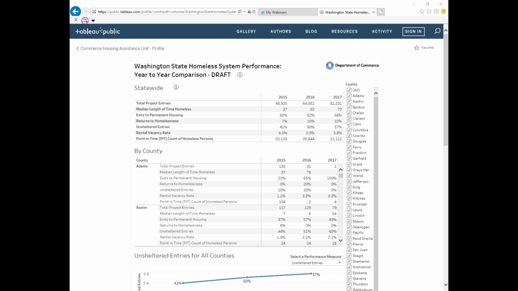You can choose the file, the Homeless System Performance Report Details, and that gives you just one document that has all of the information together about how things were measured, what the reporting periods were, what the source is, just lots of information like that. So that's another thing you can use as a reference if you have any questions about calculations or how things were measured.